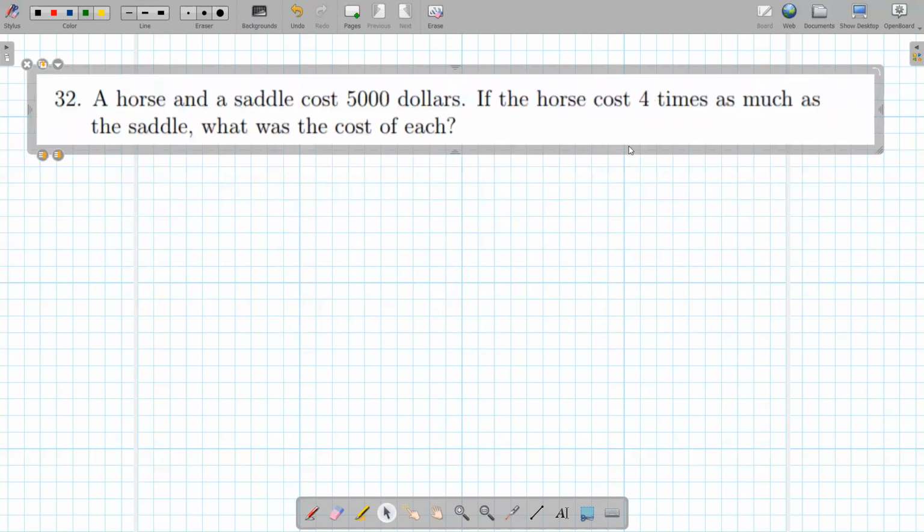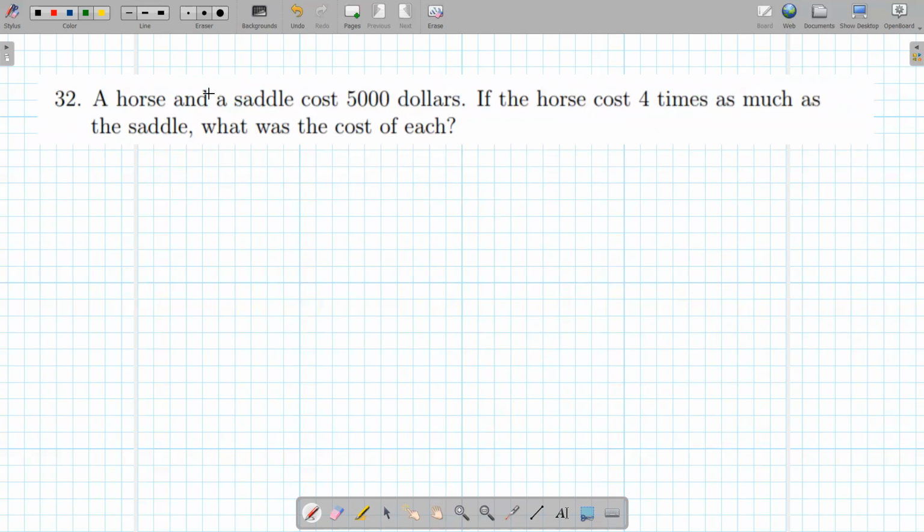So we have a horse and a saddle. Together they cost $5,000. If the horse costs 4 times as much as the saddle, what was the cost of each?